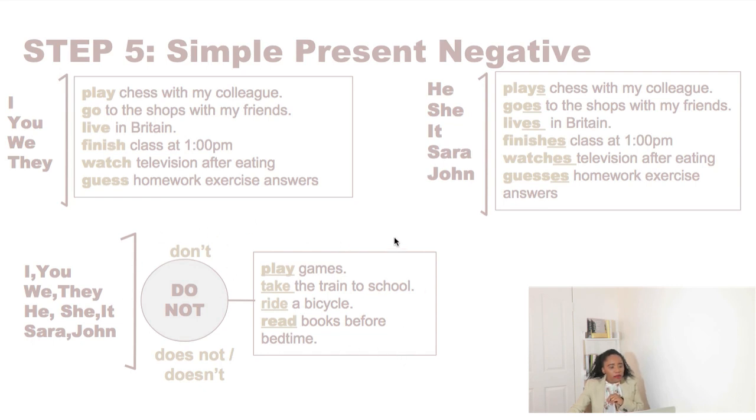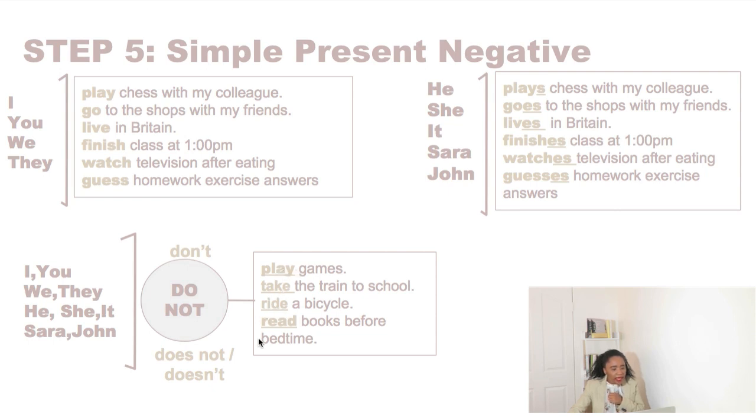On the column below, we have the negative. We're contrasting this with the negative. Okay? And you will notice that the verbs here pretty much go back to their simple form. Okay?